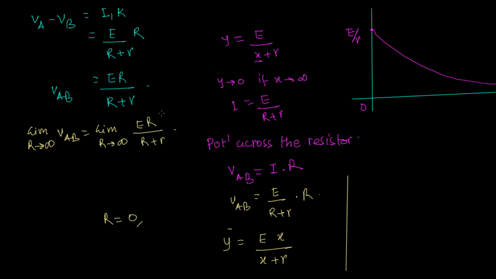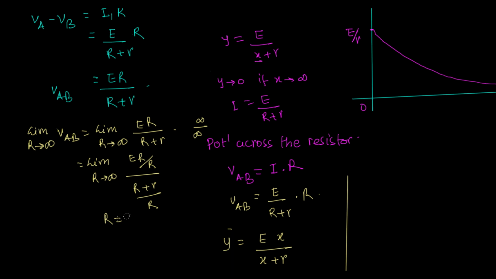That is why you were taught limits in class 11th. Now if I put infinity here and infinity here, it is of the form infinity upon infinity, which is an indeterminate form. What do I do to resolve it? I divide the numerator by R, so it becomes ER upon R divided by R plus r upon R.